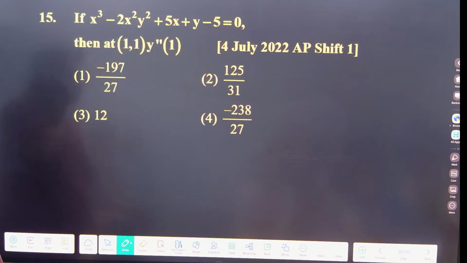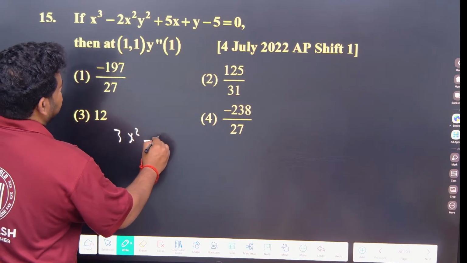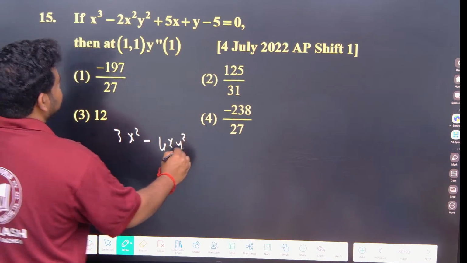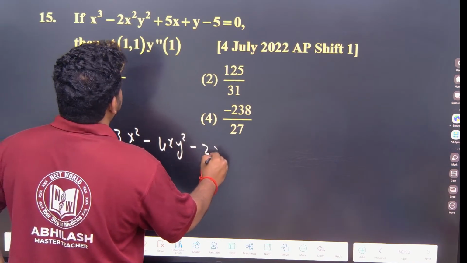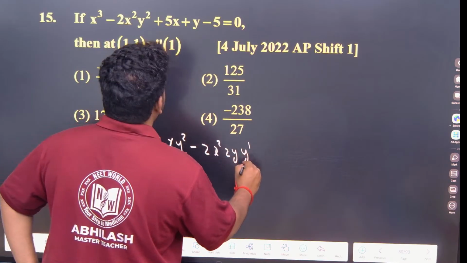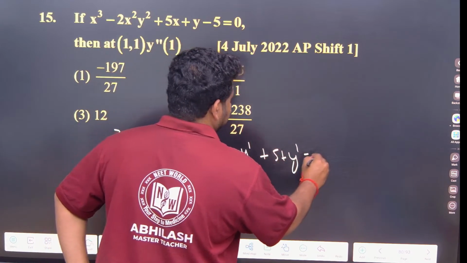x cube, they are asking y double dash. First we should find what? Y dash. So this will become 3x square, minus 4x into y square, again minus 2x square into 2y into y dash, plus 5 plus y dash is equal to 0.